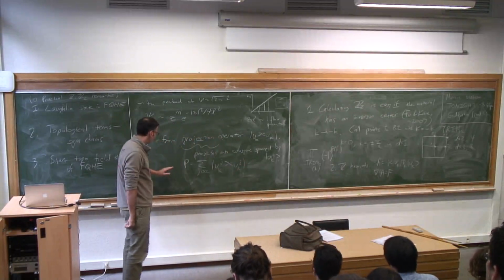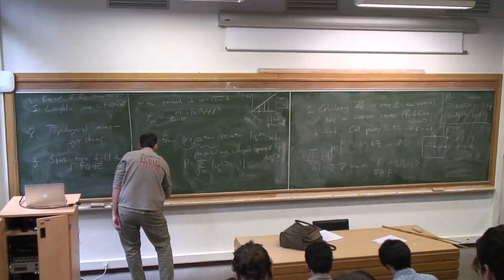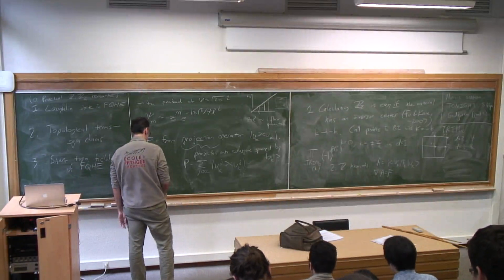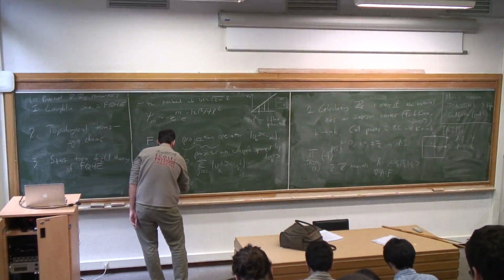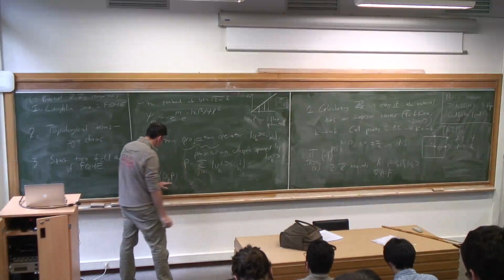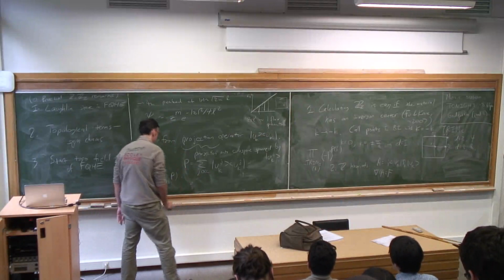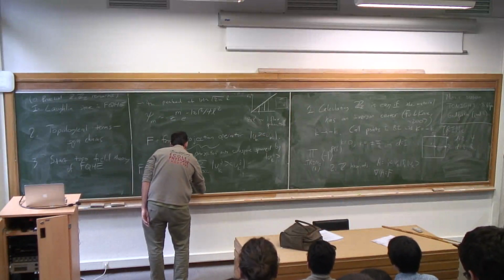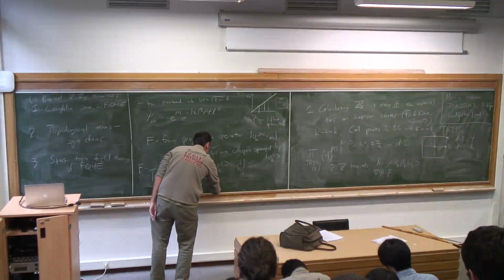Then F is the following. It's the trace of ∂_x P, so P is some matrix, ∂_x, I mean ∂_kx to be precise, multiplying P, multiplying ∂_y P, minus x goes to y.